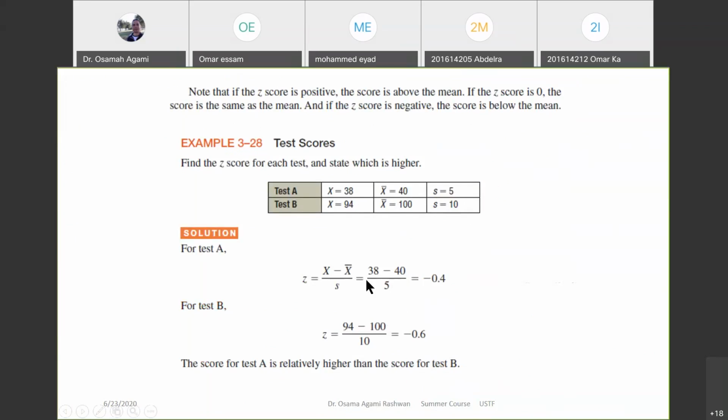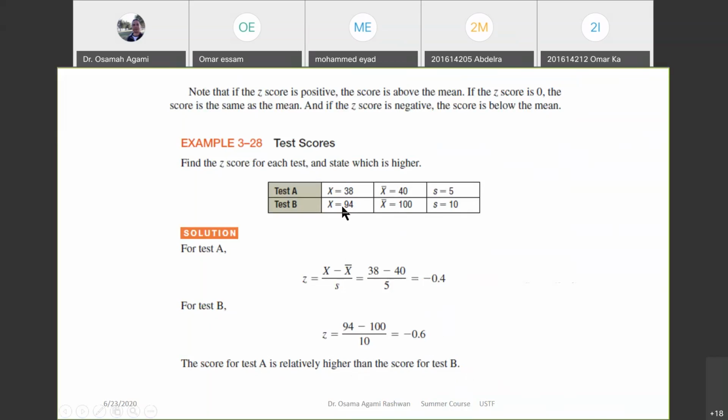Okay, so substitute in test A for the value 38, you get the position of the 38. For 94, you go for the position of 94, it will be minus 0.6. Be very careful with the negative values, because minus 0.4 is higher than minus 0.6. This is why the score for test A is relatively higher than the score of test B. Clear?